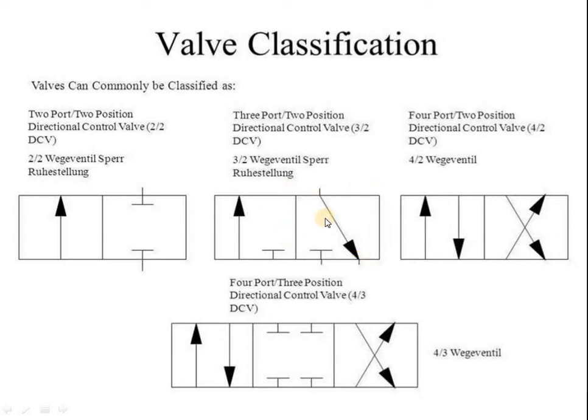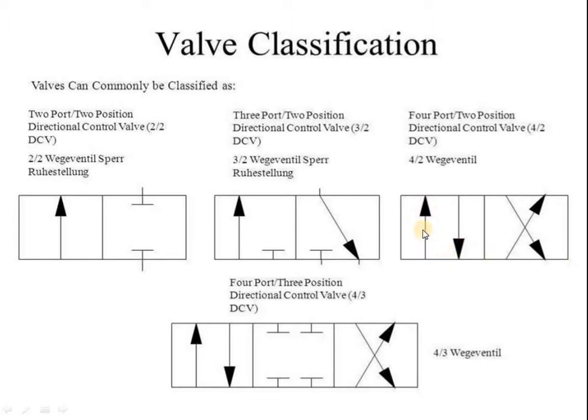There are 3 ports: this is one port, this is one port and this is one port. That's why it is called a 3/2 DC valve. Next, the third sketch of the symbolic representation is a 4/2 valve, because the positions are again only 2, but the ports are increased to 4.